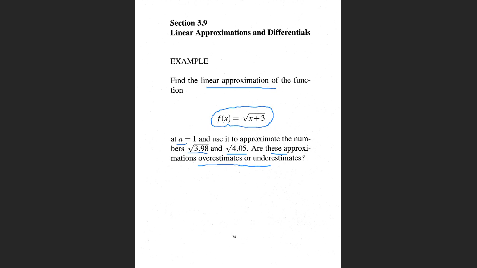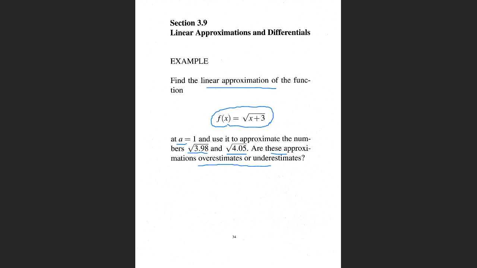So let me ask you, what's the square root of 4? 2, sure. Okay, what's the square root of 3.98? How would you find that square root? It's just about equal to 2, not exactly 2.